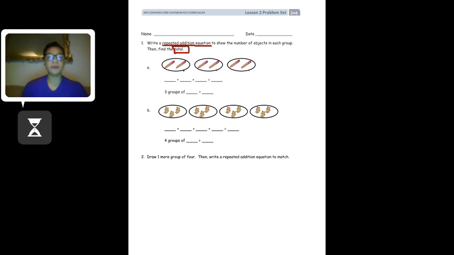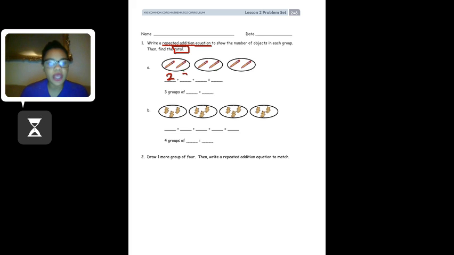So whenever I get ready to do my equation, I'm going to look right below the circle of my first group, and I see that there's 1, 2, so I'm going to write a 2 down in that blank. Then I'm going to go to the next group, the next circle, and I'm going to count how many is in that group. And I have 1, 2 more pencils.